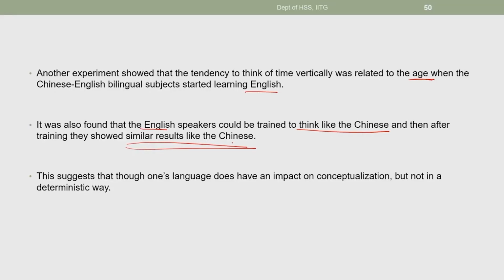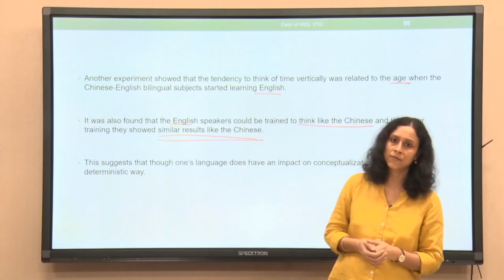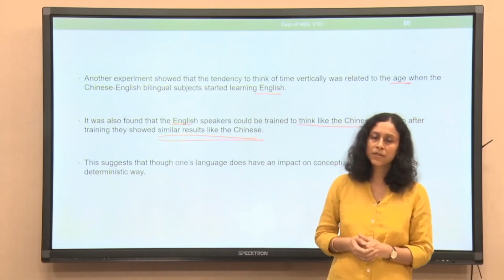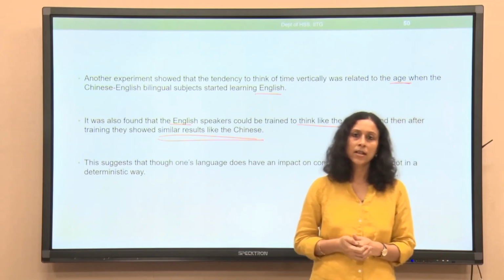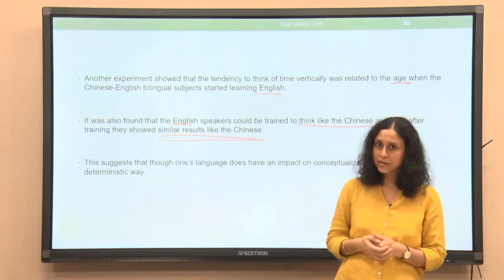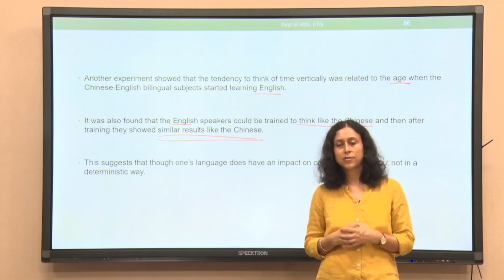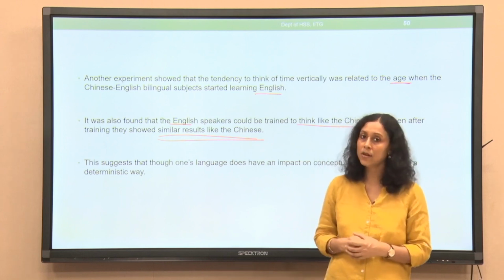So, this suggests that though one's language does have an impact on the conceptualization process of the speakers of that particular speech community, it is not in a deterministic way, which is why we say that the strong relativity hypothesis is not tenable.